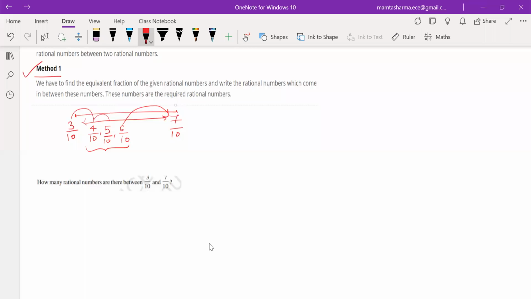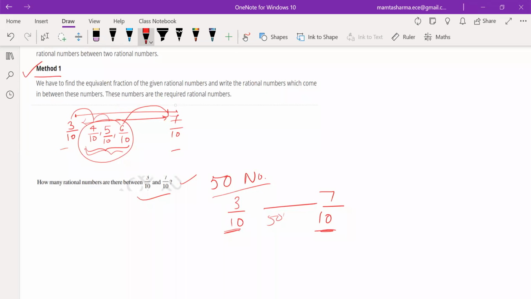If it is asked in a question to write three rational numbers between these two rational numbers, you can write it easily: 4 by 10, 5 by 10, 6 by 10. If they ask to write 50 rational numbers between these two rational numbers, what will you do? We are saying that between any two rational numbers there could be infinite rational numbers. So how will you find 50 rational numbers between these two?